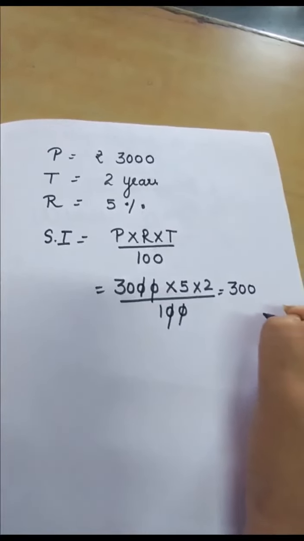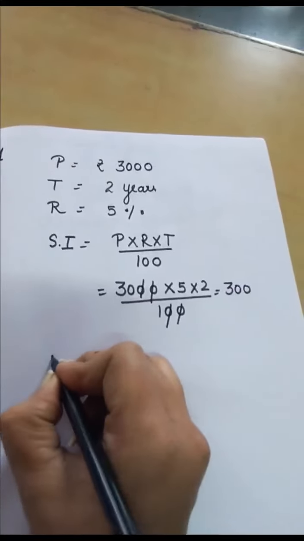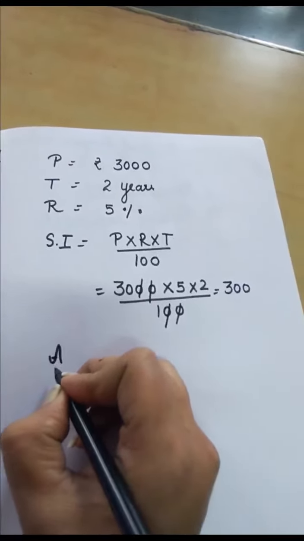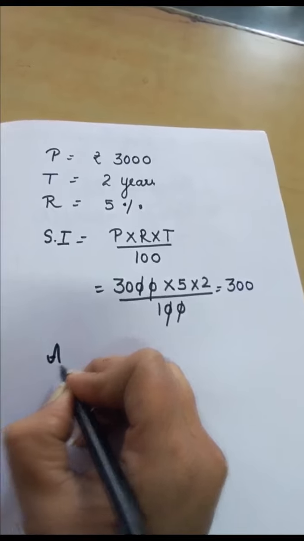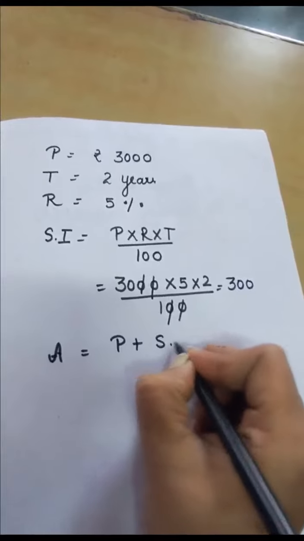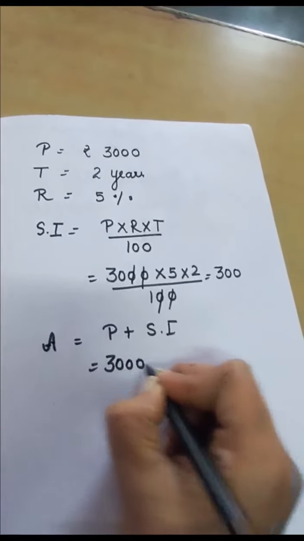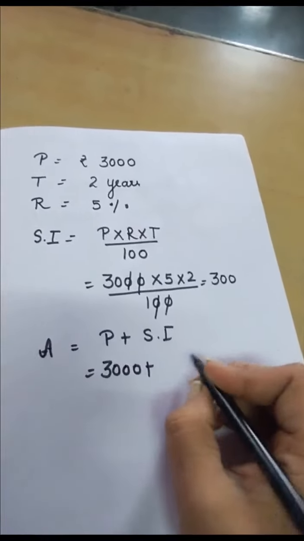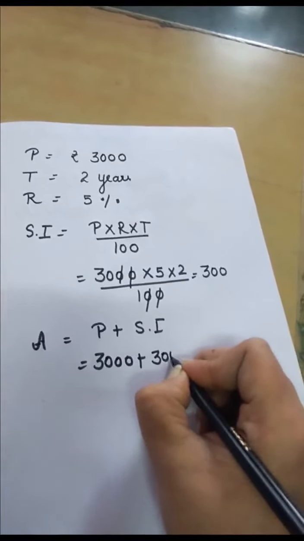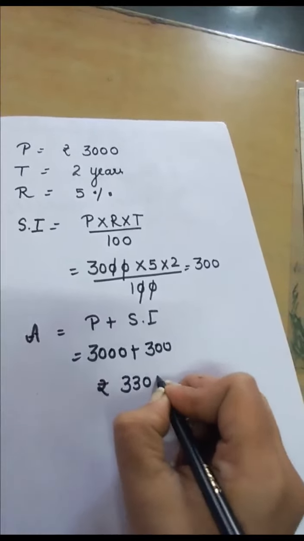So there is 300. This is the simple interest. Now we have to find out the amount which Vaibhav would get back at the end of 2 years. So amount is equal to principal plus simple interest. That means this is the amount which Vaibhav deposited and this is the extra amount the bank pays, 300. So the total money is 3300 rupees.